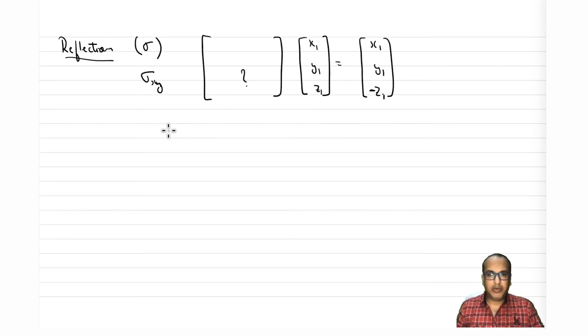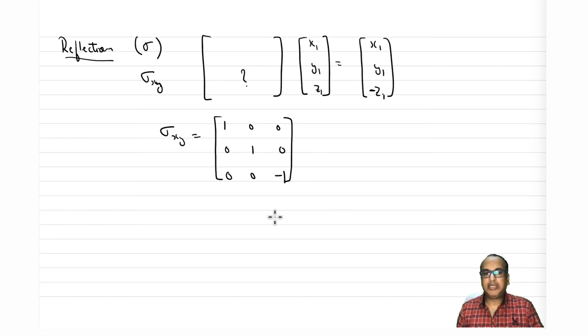So what do I have as the matrix for sigma xy? Because x1 and y1 are not changing, they will be 1 and 1 on the diagonal, and since z is going to minus sign, you can write z as negative, right?